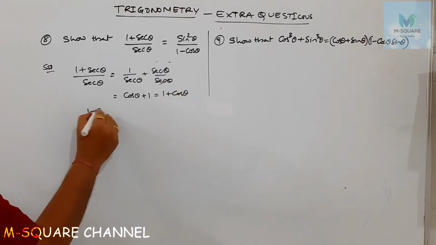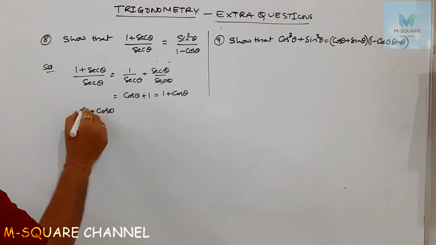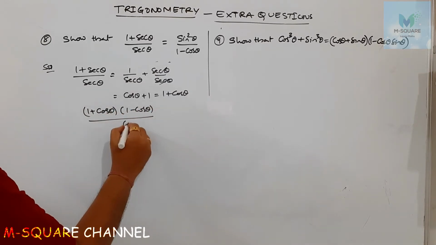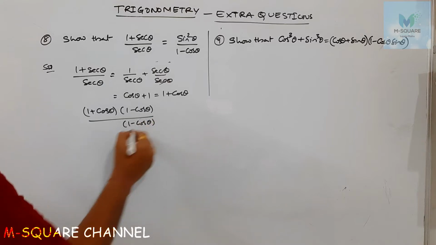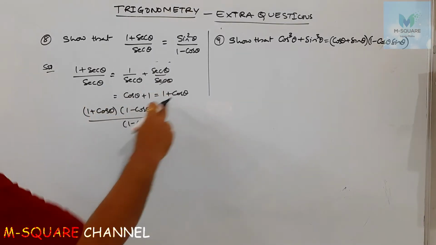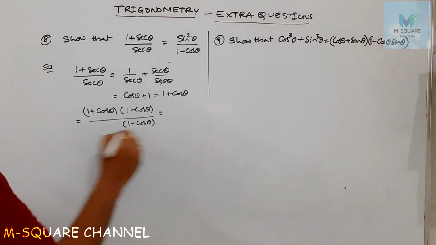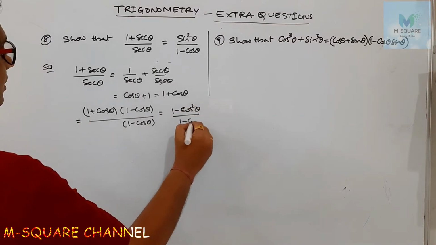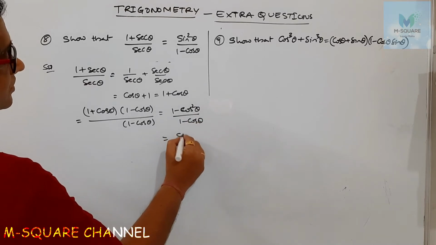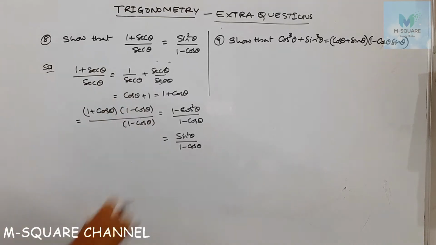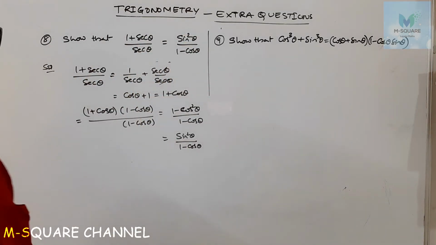So we multiply 1 plus cos theta into 1 minus cos theta divided by 1 minus cos theta. So we get 1 minus cos square theta by 1 minus cos theta, that is sin square theta by 1 minus cos theta. This is another method, from left to right we travel like this.